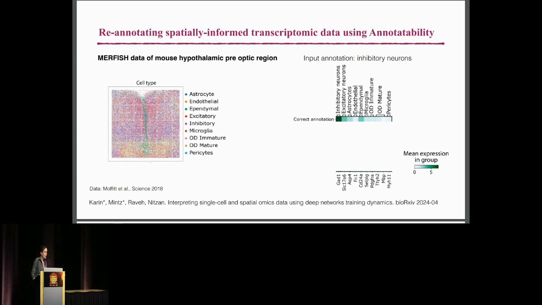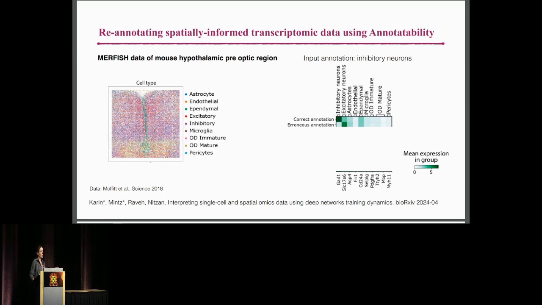So here, for example, looking at MERFISH data of the preoptic region, and we look at all the cells whose input annotation was inhibitory neurons, then we can see the correctly annotated cells that we identified. So they indeed match their marker gene annotations, and then the misclassified cells. And then we can do more.